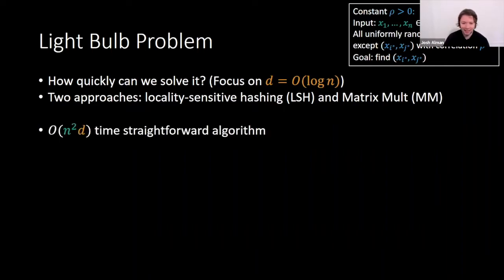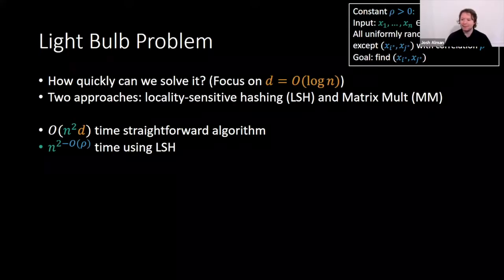First, there's a straightforward algorithm that runs in about n squared time, where for each pair of the points you compute their inner product and see which one is closest. Okay. Using LSH, this can be seen as a nearest neighbor search problem, because the correlated pair is going to be the closest pair of vectors in whatever norm you want.